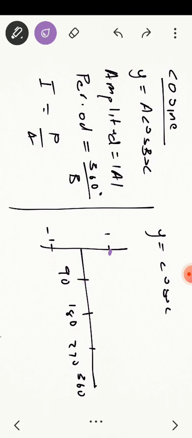The cosine of 180 is -1. Cosine of 270 is 0. Cosine of 360 is +1. So connecting the points, we're going to end up with a graph such as this. So this is the general graph of y is equal to cos x.